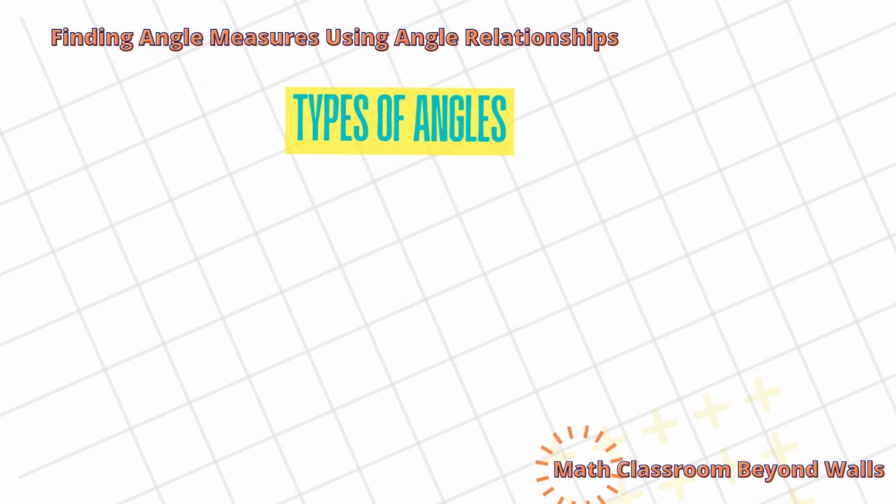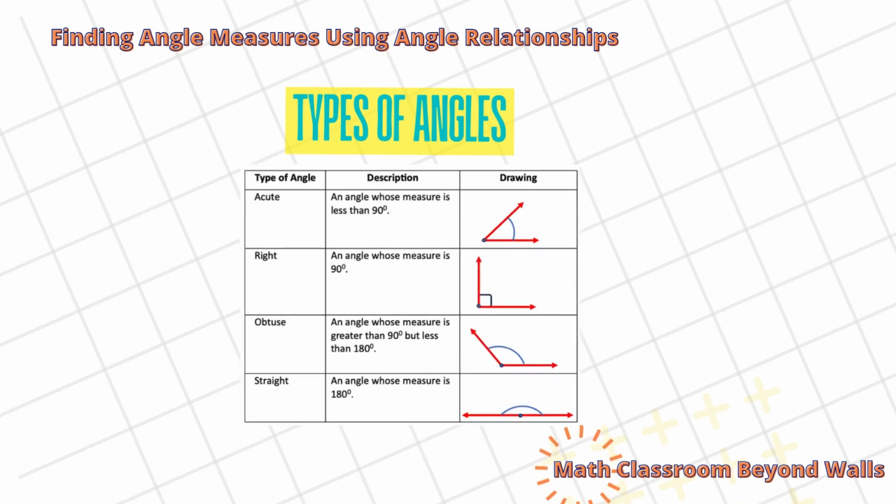I am sure that you have worked on the different types of angles in your previous math subjects, but we will look at them again to refresh your memories. The table that follows displays the different types of angles and facts about them. The first one, acute angle, an angle whose measure is less than 90 degrees.